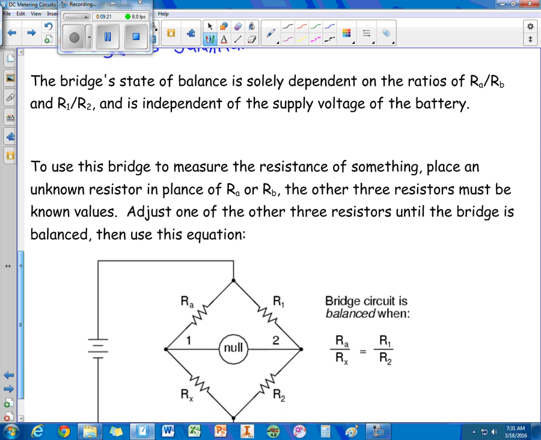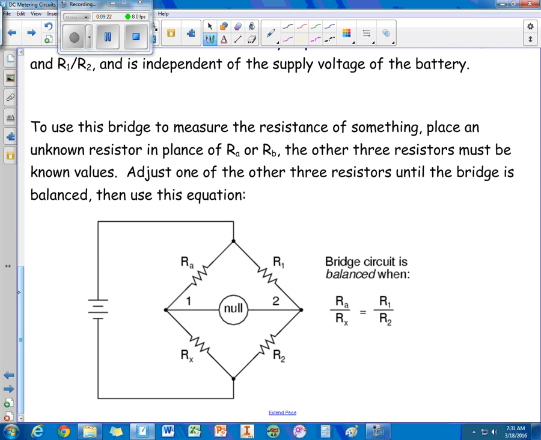Now, we're going to basically use the bridge to measure the resistance of something that is unknown. So what we would do is take something that we want to test, and place it in for either RA or RB. It doesn't really matter. The other 3 resistors then would be something that we would know. One of those 3 resistors is a special resistor that can change.